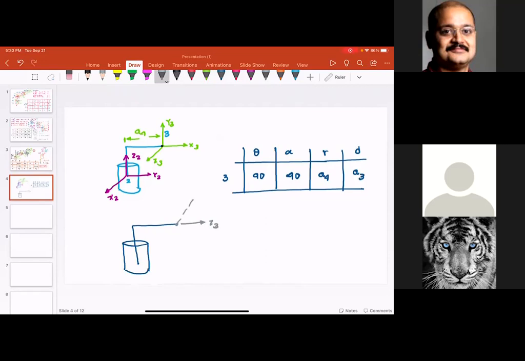So if you draw something like this, the X3 does not intersect with Z2, then you will have to do the translation and solve the problem. But still, it may be possible to solve as long as your important dimensions of the robot are about the X-axis and the Z-axis.